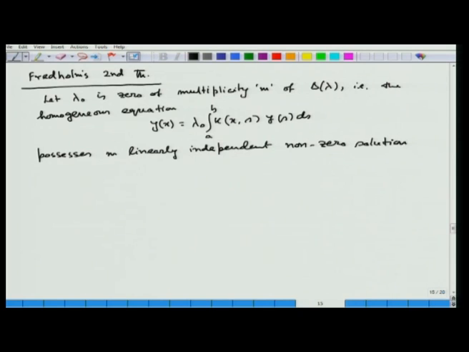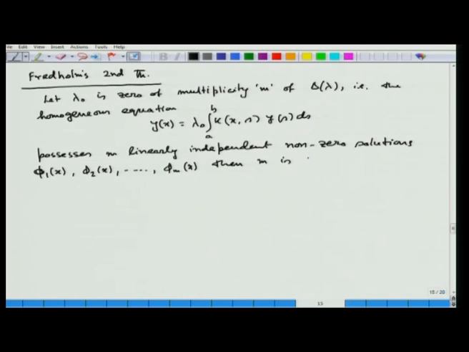which are denoted by phi 1(x), phi 2(x) up to phi m(x).